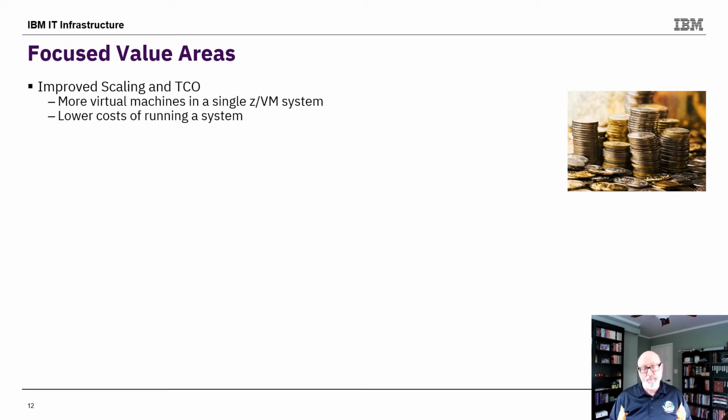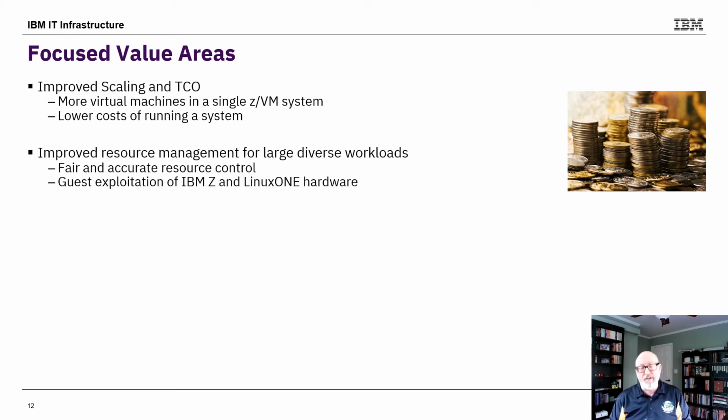The next category is similar to that, but a little bit different in that this is really about managing resources and managing them for diverse workloads, right? Because I know even though there's benchmarks out there where it's all a set of virtual machines that all look exactly alike or doing the same thing, very, very few of you have that, right?